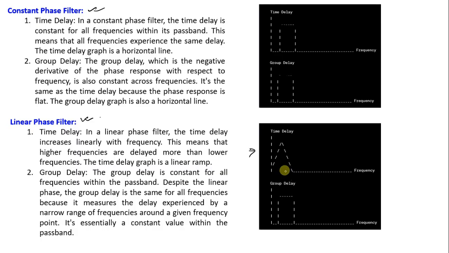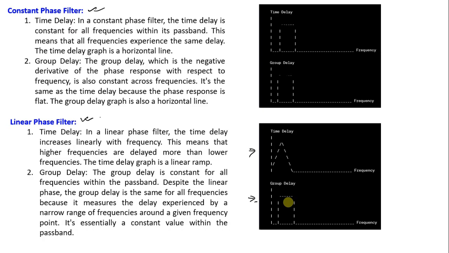Since this is a linear function, when you again take the derivative, it becomes a constant. So in linear phase filter, time delay is linearly increasing and decreasing. On the other hand, the group delay is constant. For the constant phase filter, the time delay and group delay both are constant.